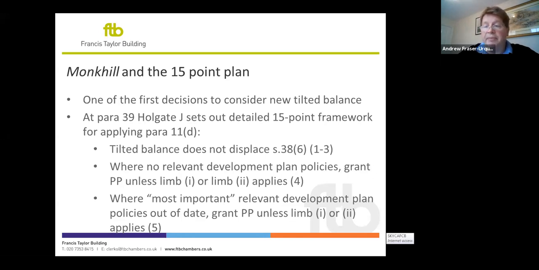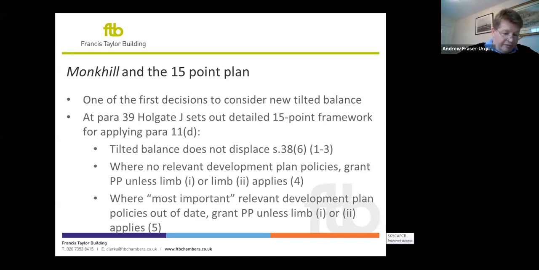And so although the primacy of the development plan is recognised in statute, in the framework, and in the first point of this judgment, it isn't necessarily really the case, and a lot of attention does focus on how one applies the development plan.